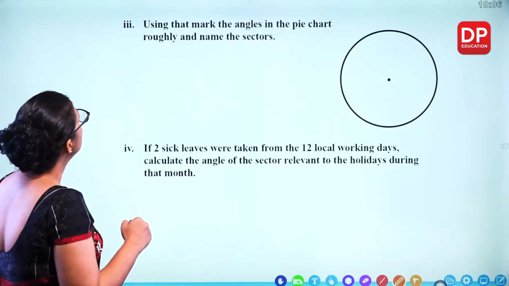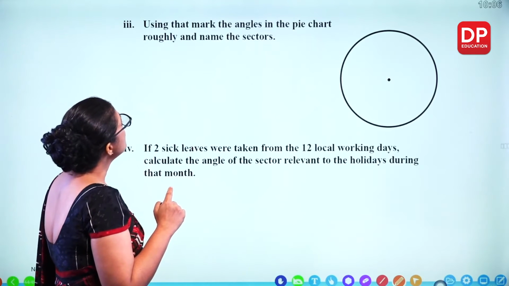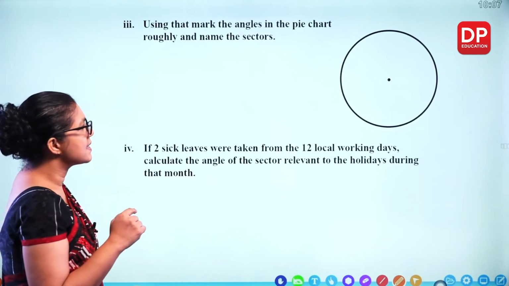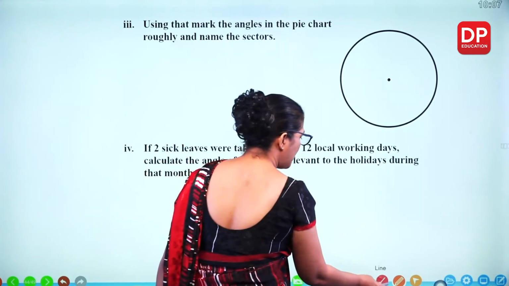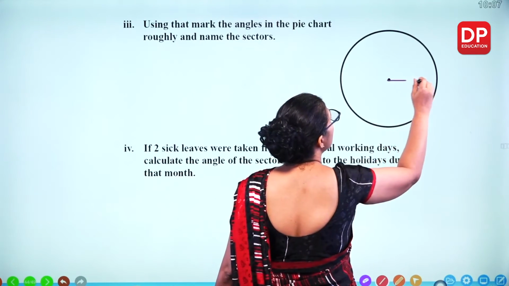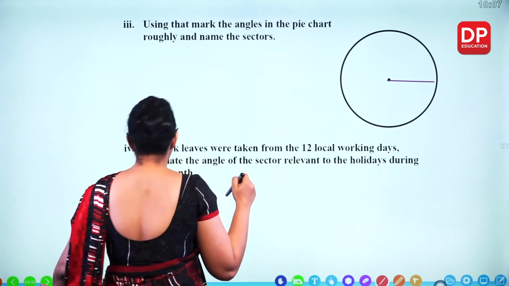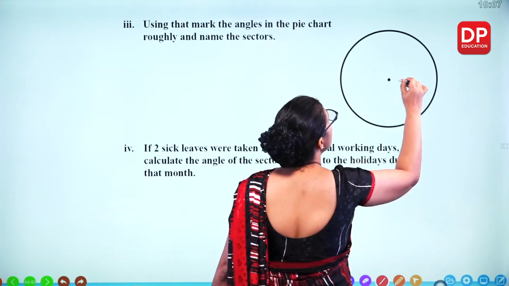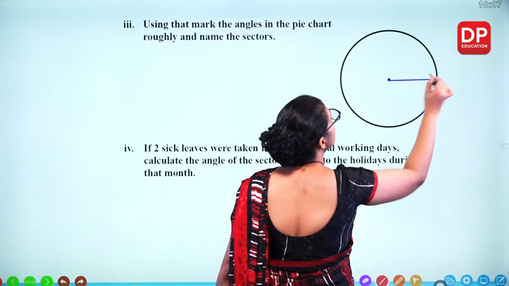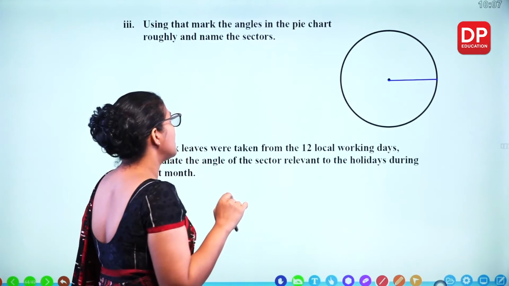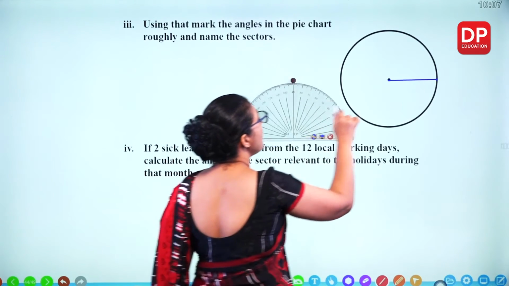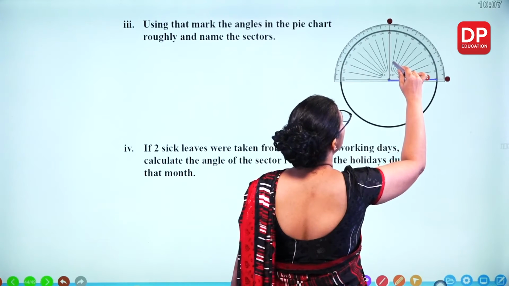Now, we'll take the 3rd part, using that, mark the angles in the pie chart roughly and name the sectors. So, we'll do it roughly. Better to take the protractor and measure it. 144 is the largest one.